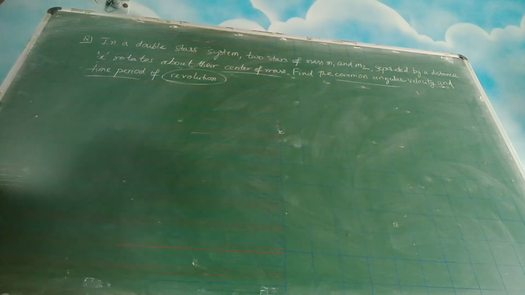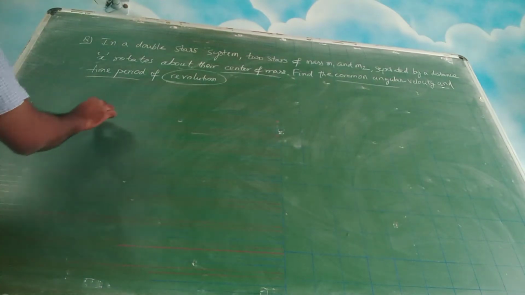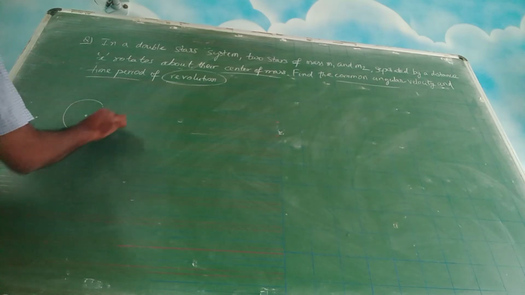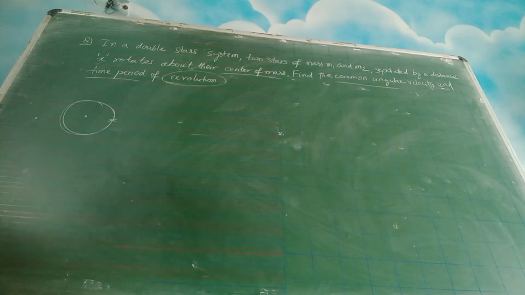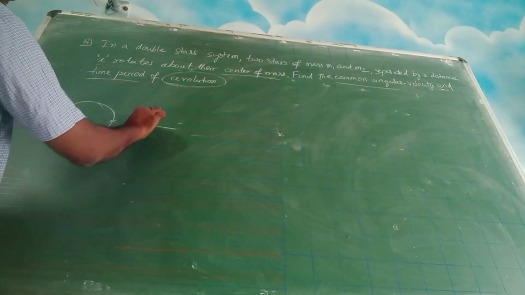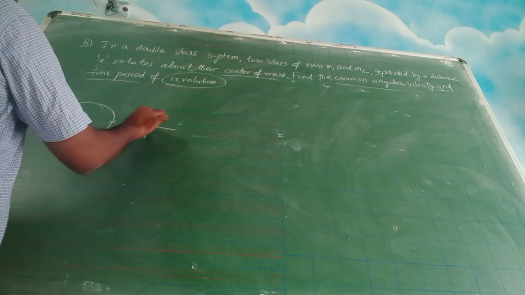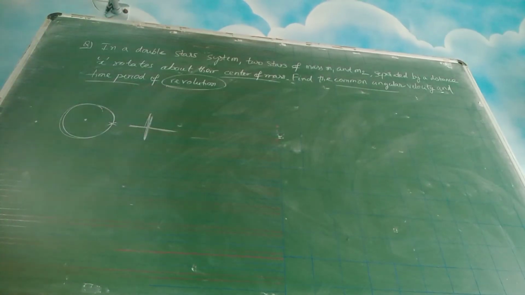See, one time one student asked me about revolution and oscillation. Now these are two different things. Suppose an object is rotating in a circle, it started here and it came back here. That is one revolution. But when you say oscillation, let us say this is my mean position. It is oscillating about this mean position. So these two are different things.